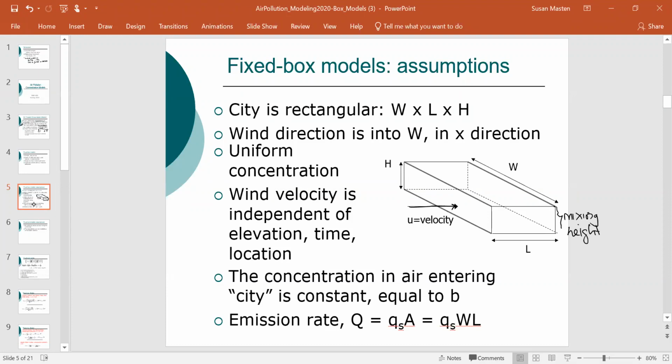So this is our width here. You can see it along here. And the wind enters along this face of our box. We'll assume that we have uniform concentration. So we're going to assume that we have a well-mixed system.